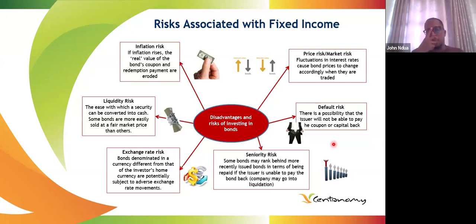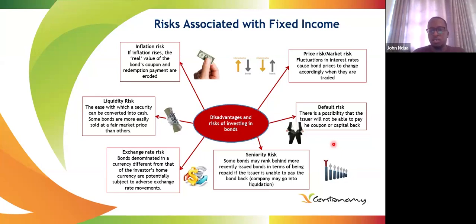You are losing money because when you convert it back, you get less. So you need to be very cognizant of the movement of the exchange rate with respect to your country's exchange rate. If I invest in Nigeria and the currency depreciates against the Kenya shilling, I will lose money. Even if I'm getting 50%, I will definitely lose money because of the exchange rate risk.